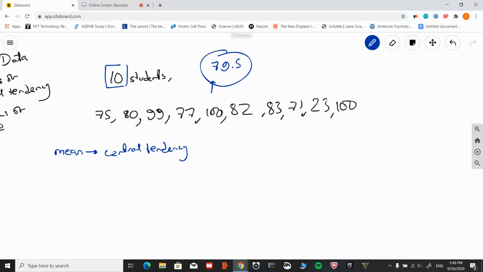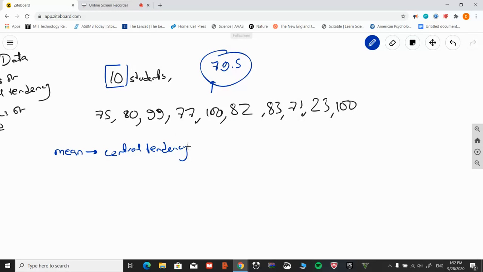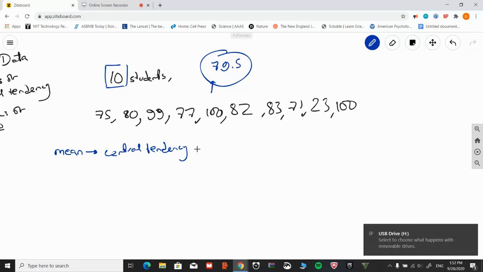So these are some deductions that I can make using the mean value or central tendency value. So that is why the mean is important, right? It gives us a picture of the overall data set. So the mean is one measure or one quantity that deals with central tendency.